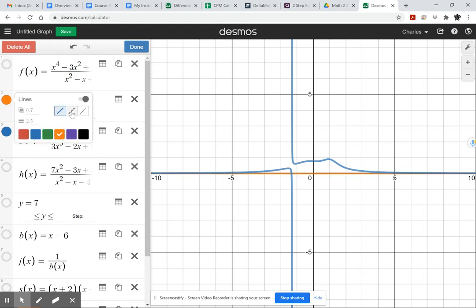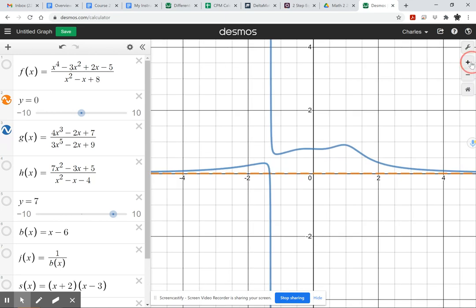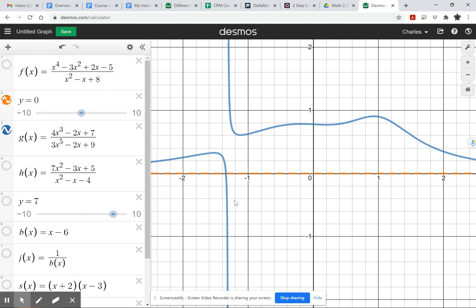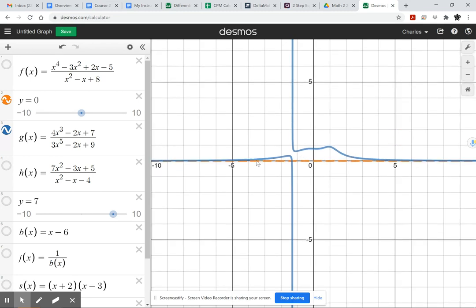But this is like the one situation where the function does go through it. It crosses that asymptote. So it's possible in some situations for a function to cross its horizontal asymptote if it's a limit as the function goes to infinity. But you can see on both sides of this function, both as x goes to infinity and as x goes to negative infinity, the function is getting infinitely close to 0, but it's never actually touching 0.